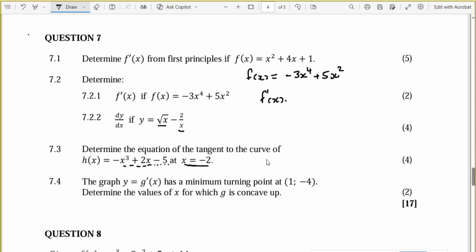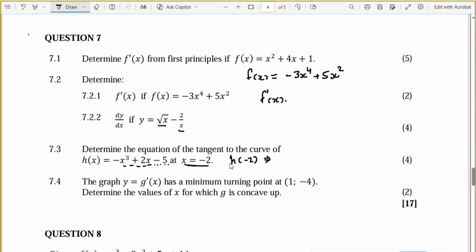Yes, sir. So this tells us that if we can find h at minus 2, we can find the corresponding y value.